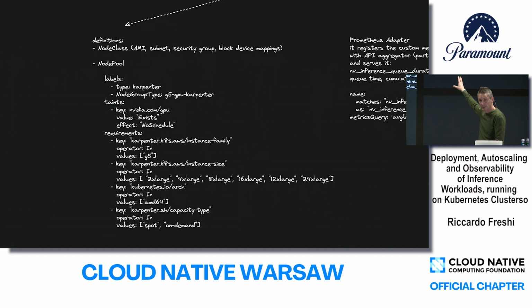For example, we will see later the Triton pods will want to land on these kinds of nodes, as opposed, for example, to the others that are on the base core autoscaling group. We also have taints because we don't want other types of workloads to land on GPUs while they may not need the GPU capacity.